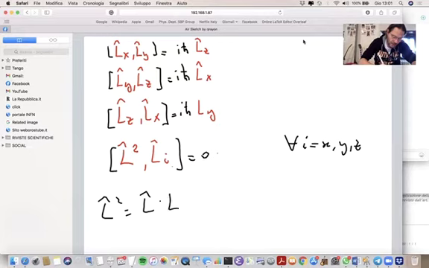Well, clearly, L squared is the operator L acting on L times whatever comes around, right?